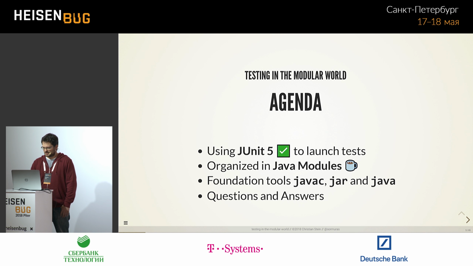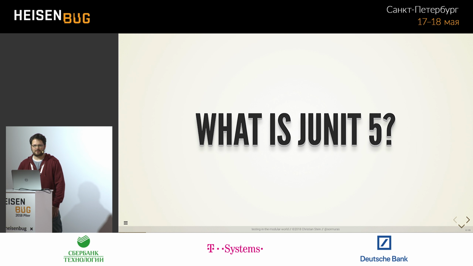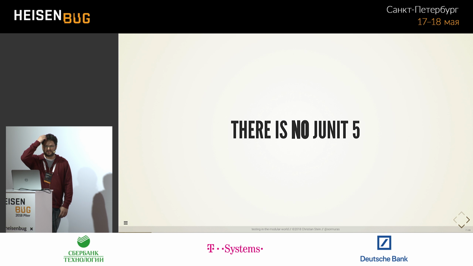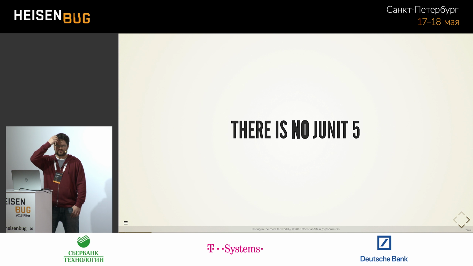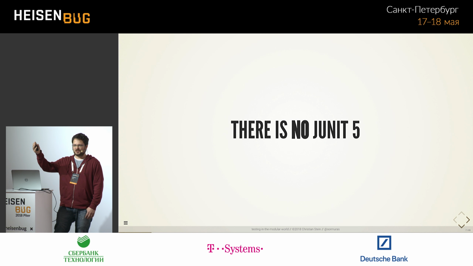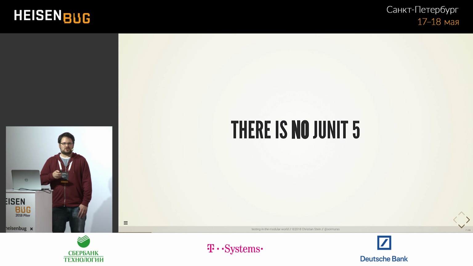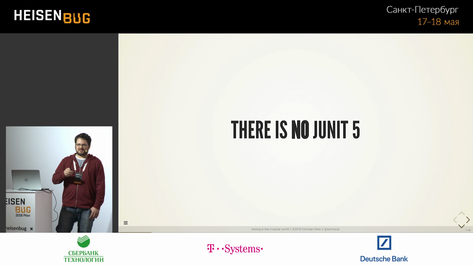So, what is JUnit 5? There is no JUnit 5. It's just a word. And we didn't change the brand. There is no JUnit 5 in the sense of a single artifact.